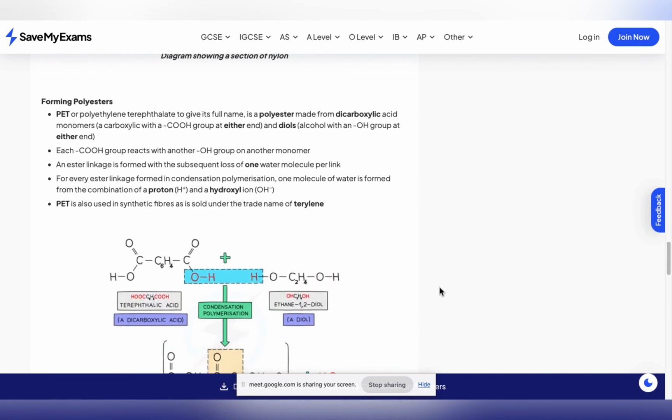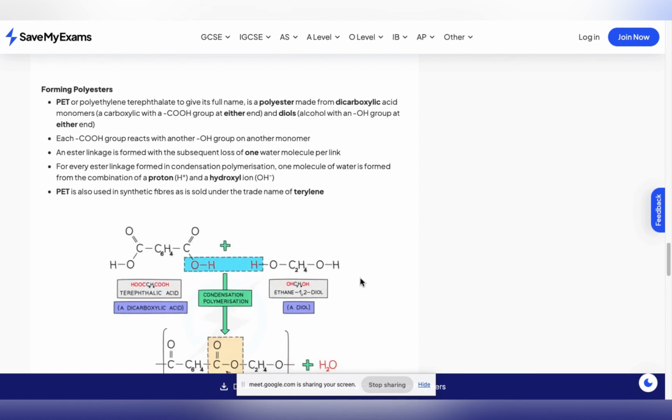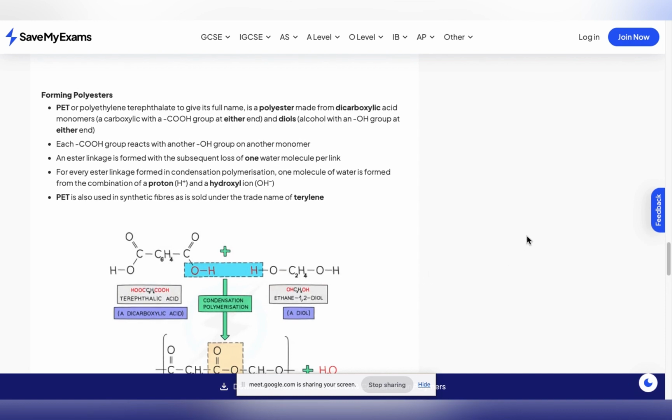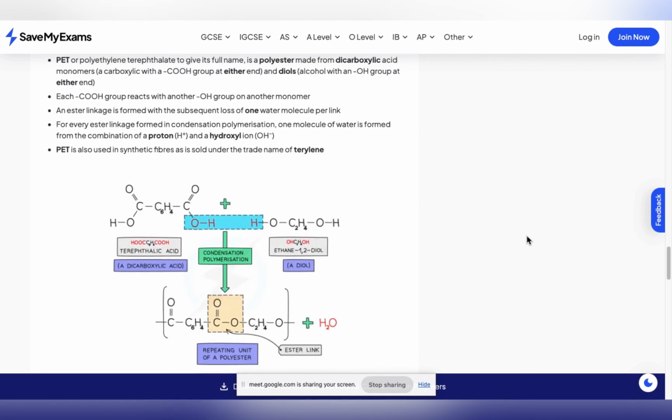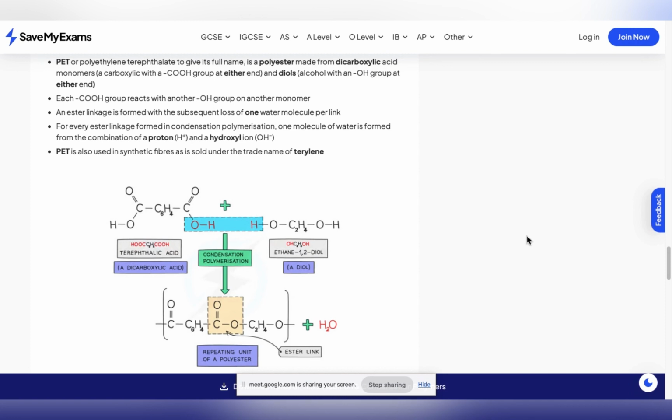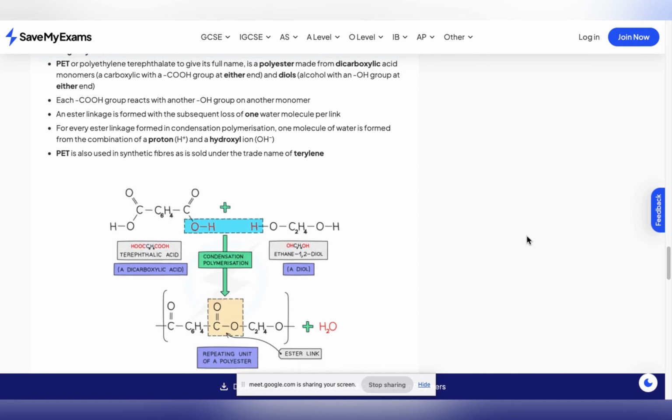Now this is for terylene. Terylene is for dione. When you are making terylene, you make dione react with the carboxylic acid.